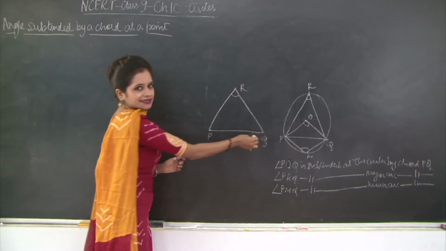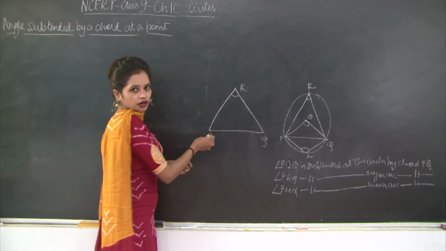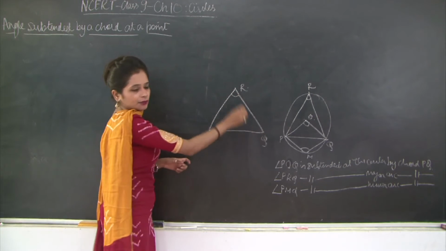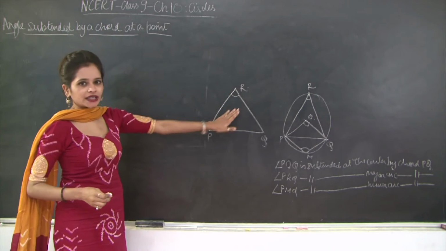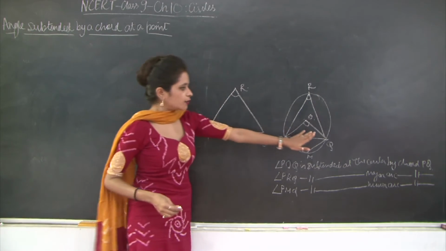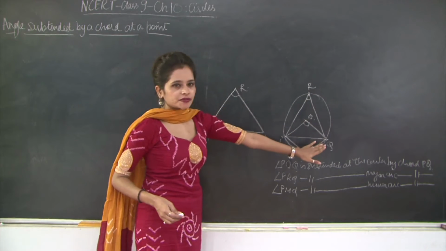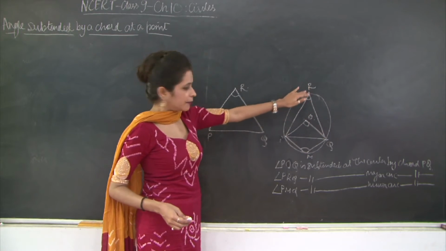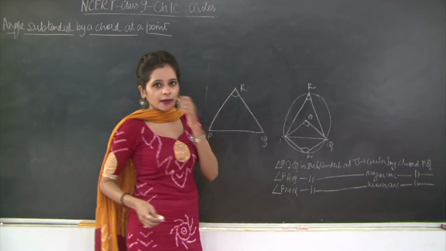When you take any line segment and you take any third non-collinear point and you connect the endpoints of this line segment to this non-collinear point, then the angle so formed is subtended by the line segment. So here we have angle POQ subtended at the center, angle PRQ subtended by PQ on the major arc, and angle PMQ subtended on the minor arc by segment PQ.